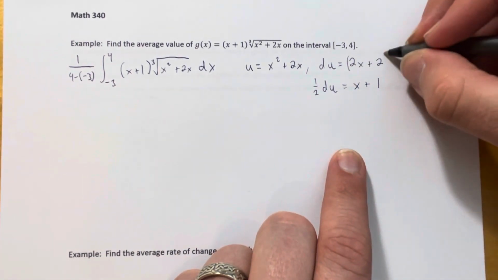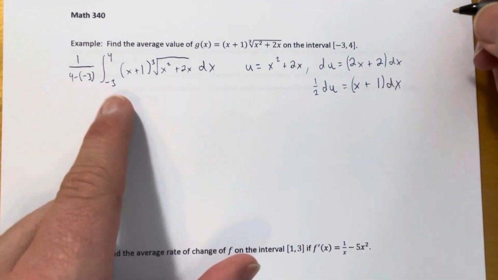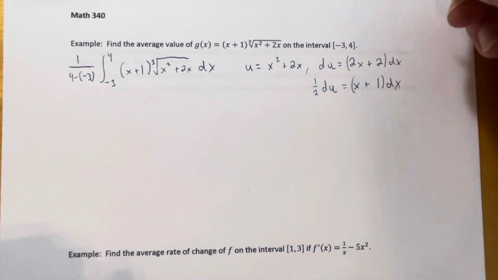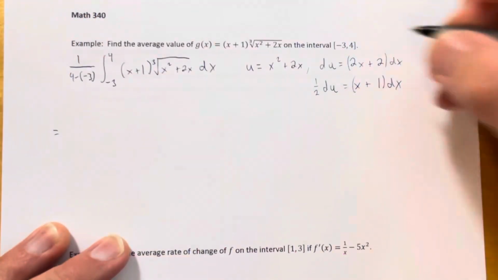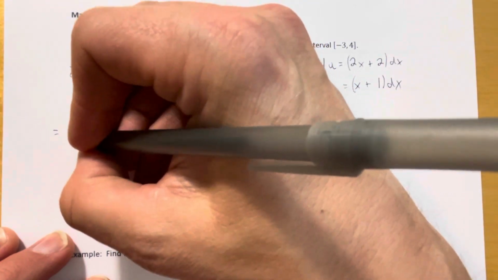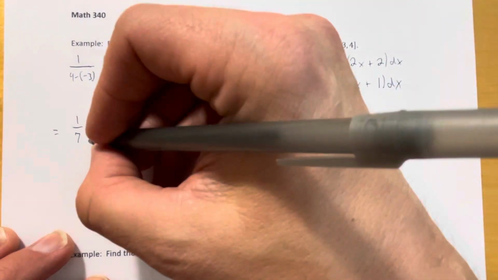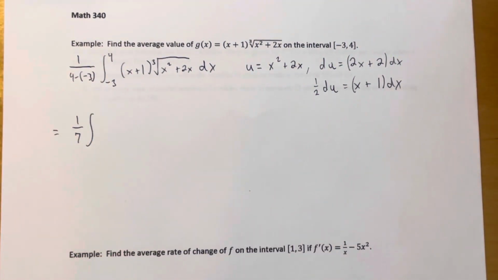So, I forgot my dx though. I'm going to include my dx in there. This is how I get those things to match. Okay, so now let's take a look at what this turns into. 4 minus negative 3 is 7, so I'm going to have a 1/7 there. My integral, I'm changing my limits of integration because I'm using a u substitution here.